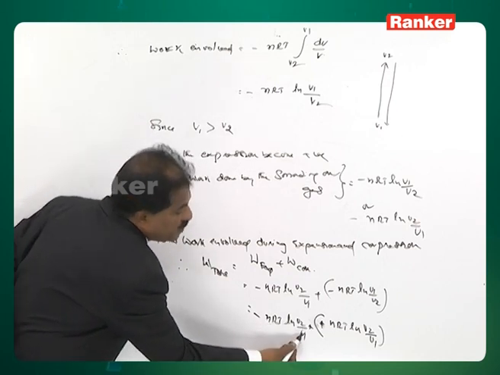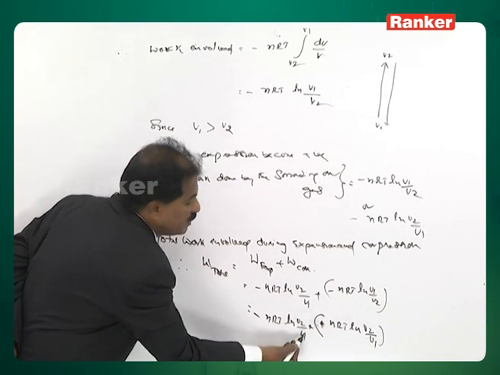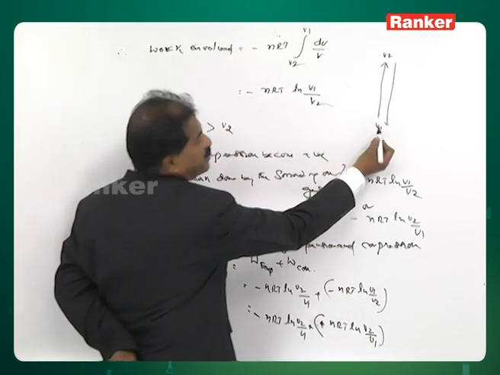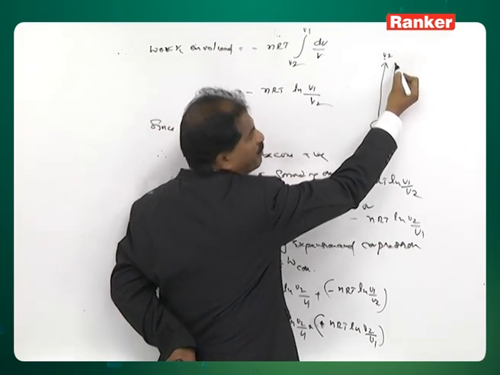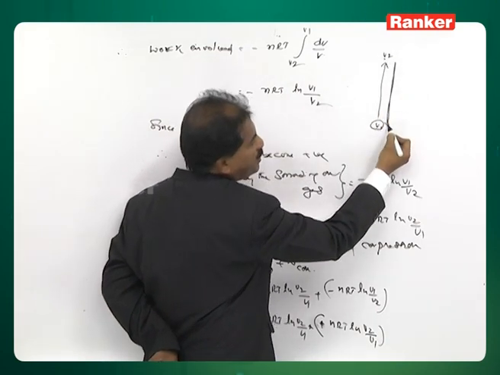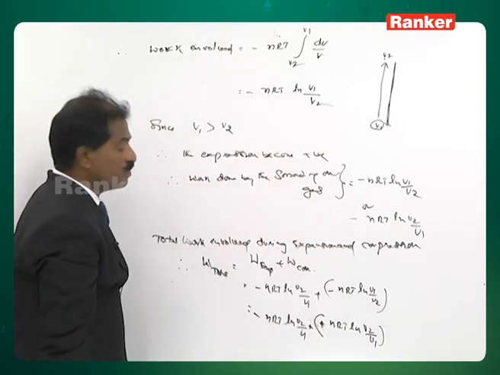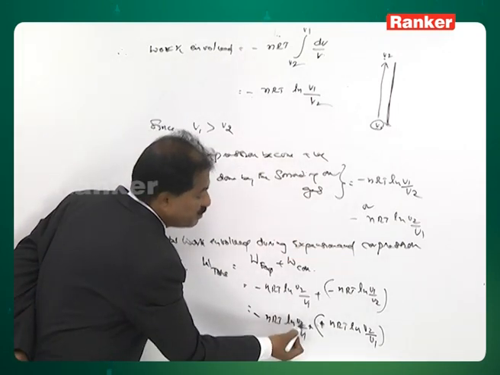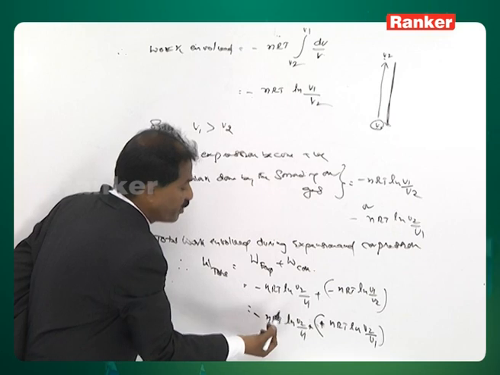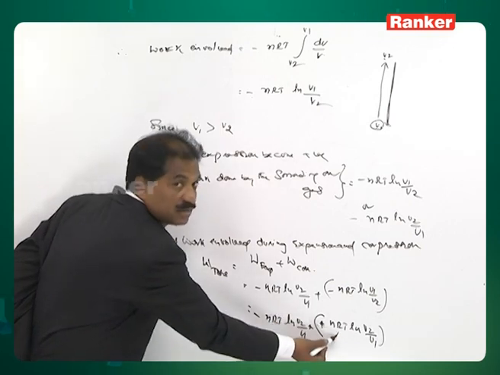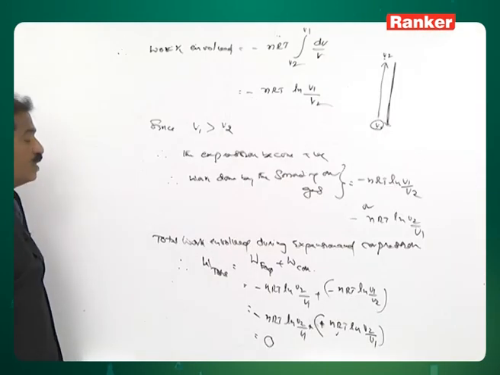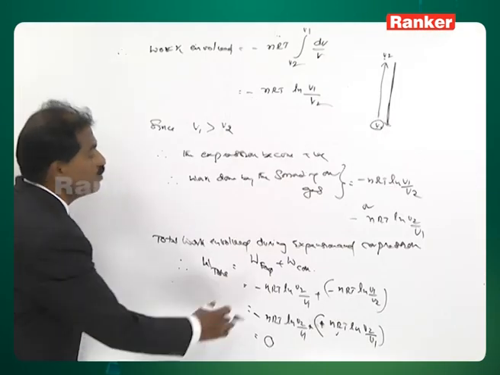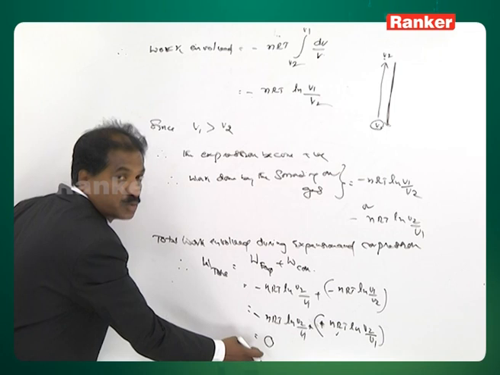This is ln V2 by V1, this is ln V2 by V1. During expansion, the gas has undergone expansion from V1 to V2. During compression, the gas is coming back to the same original position, from V2 to V1. Therefore, the magnitudes of V1 and V2 in both expressions are the same. But one is a negative term, the other is a positive term. Hence, the sum will always become 0. Therefore, the net work involved during expansion and compression is 0.